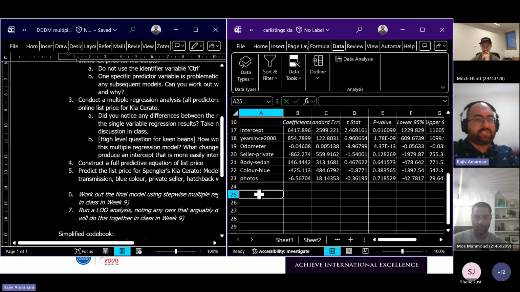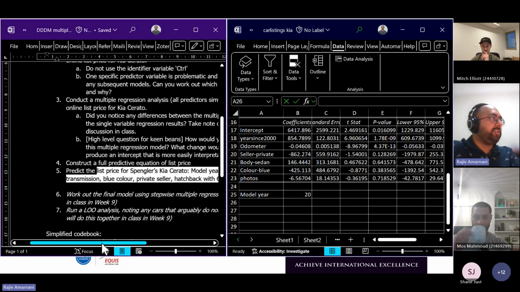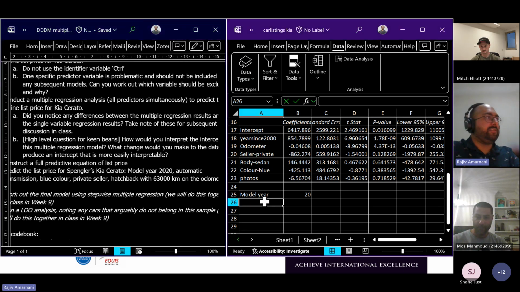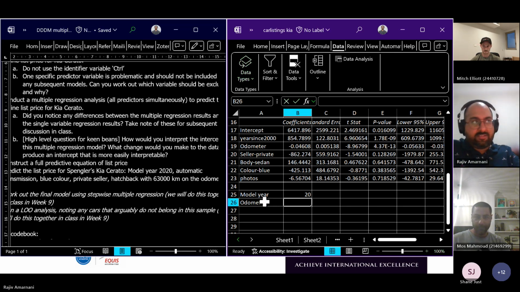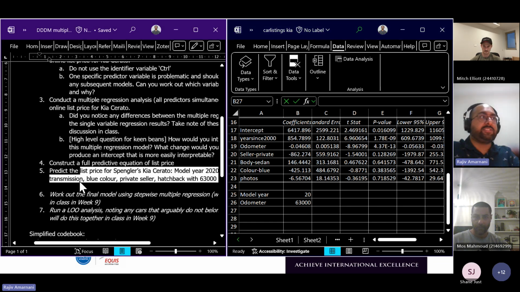So let's do this. The model year is 2020, so 20 years since 2000. The kilometers on the odometer is 63,000 km. And we ignore the rest because none of the other factors were statistically significant.